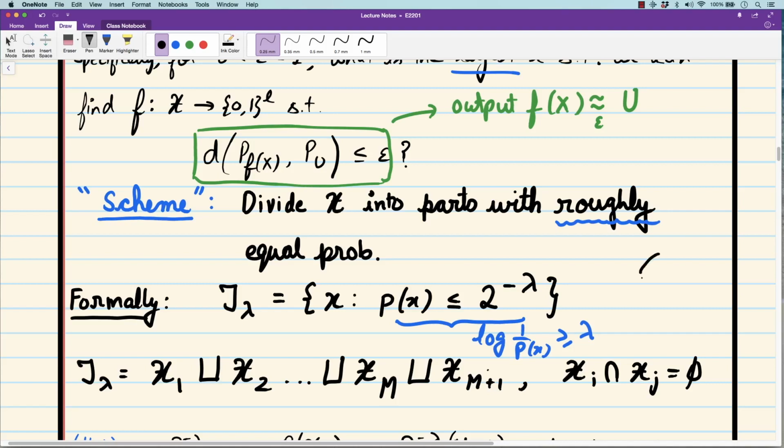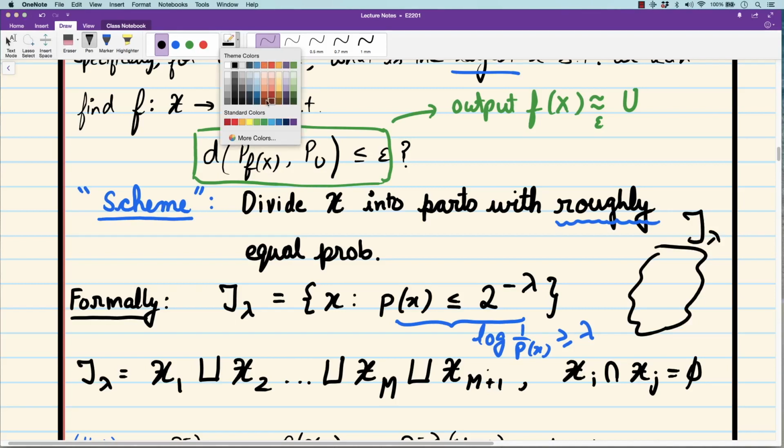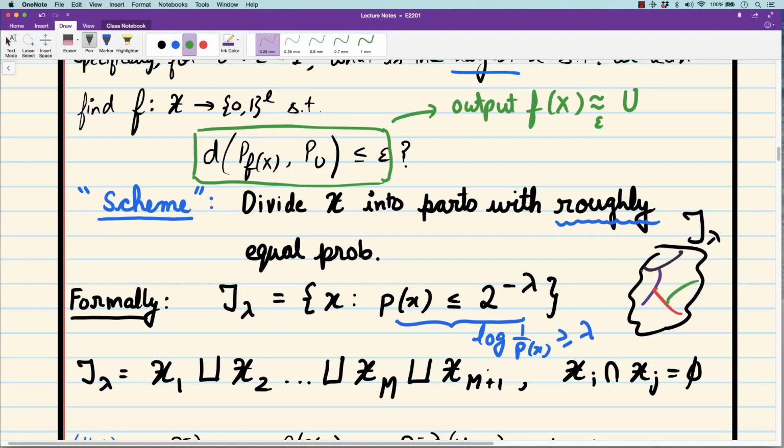So we have this set T lambda, and we divided this T lambda into different parts. So these parts are your different xi's. That's what we have done.